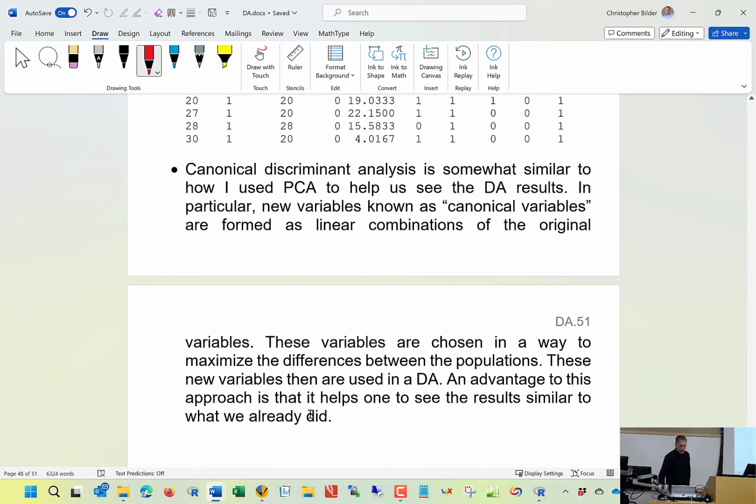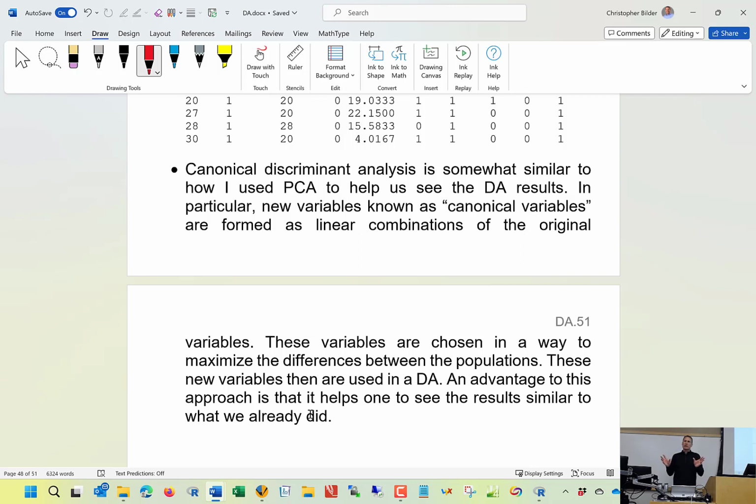I guess there is one other small thing. There's another version of discrim analysis called canonical discrim analysis, which combines some of the ideas of how I approach discrim analysis. Remember how we did a principal component analysis, and we used that to visualize what discrim analysis is doing for us.